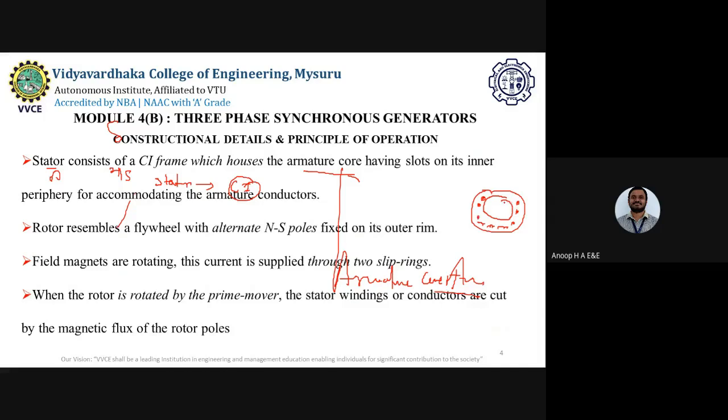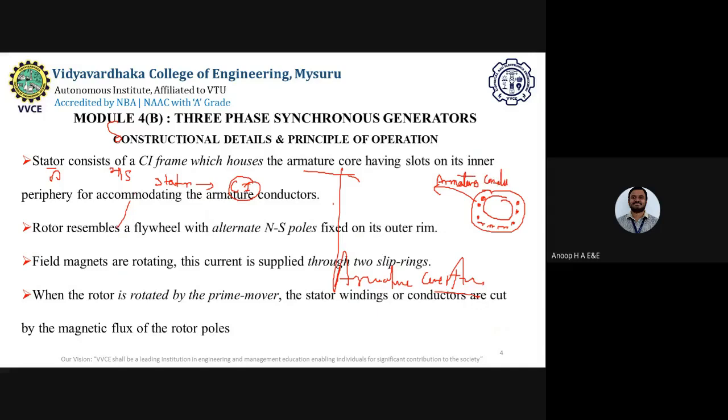These slots are placed in the inner periphery of the machine, and they are responsible for having the armature conductors.